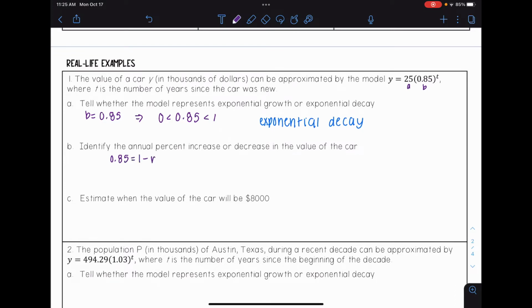And I can rearrange this equation to be that r is equal to 1 minus 0.85. And when I do 1 minus 0.85, I get that r is equal to 0.15.